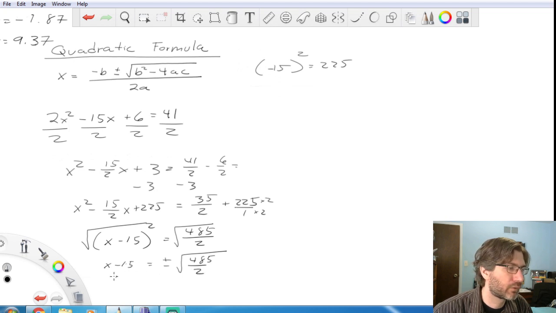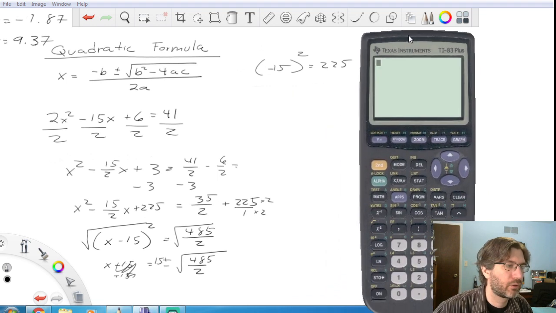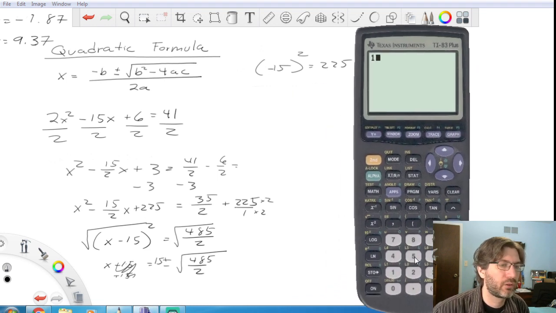And then you're just going to add 15 to it. So plus 15, so you have 15 over here. So you're getting 15 plus the square root of 485 divided by 2. And that's not working, right?